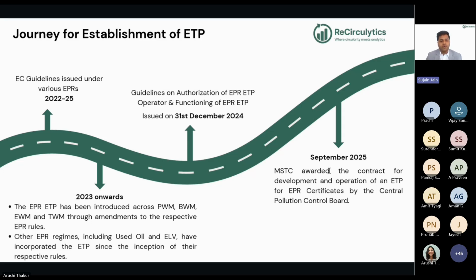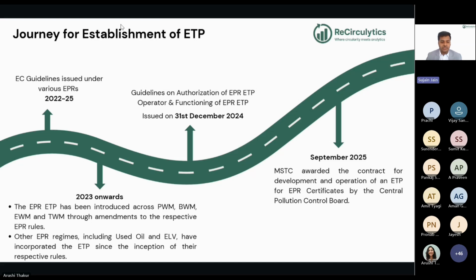Post that, from 2023, there have been amendments in the existing EPR frameworks: the plastic waste management rules, battery waste management rules, e-waste management rules, and tire waste management rules. A provision was introduced in these rules, wherein the concept of an exchange or electronic trading platform was put in the rules.